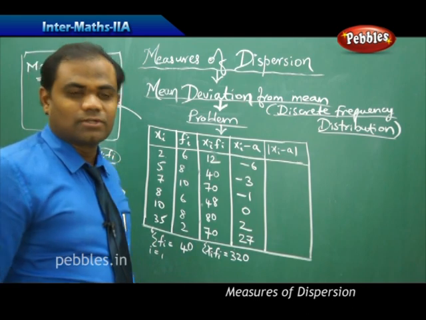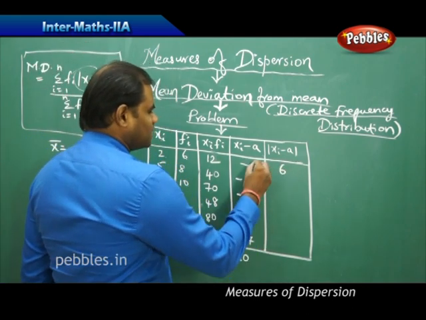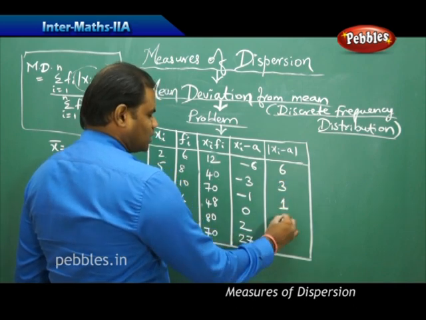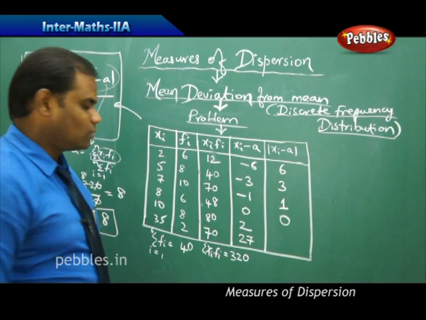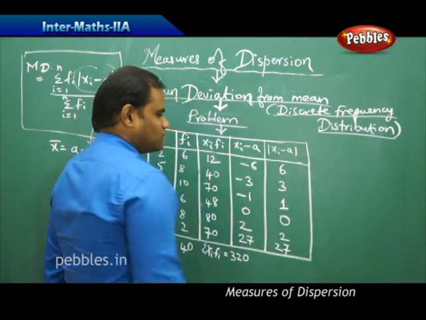Then I find the modulus of this. Mod of minus 6 is 6, mod of minus 3 is 3, mod of minus 1 is 1, mod of 0 is 0, mod of 2 is 2, and mod of 27 is 27.